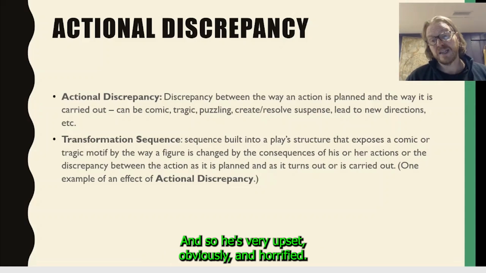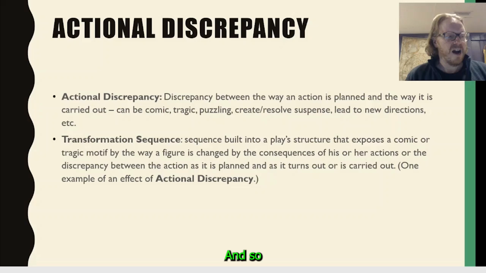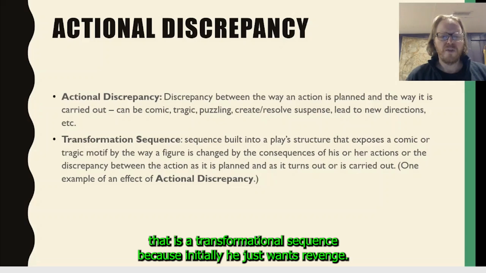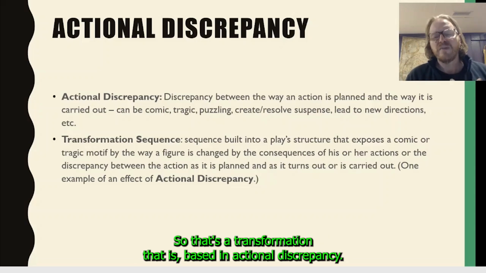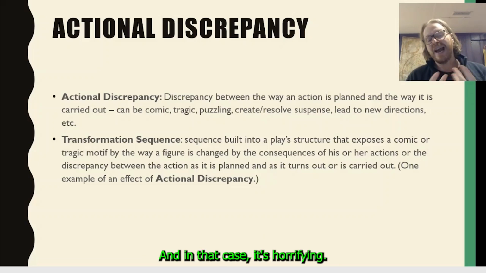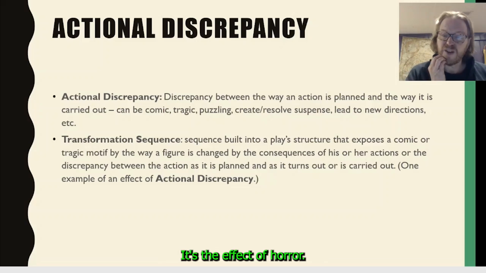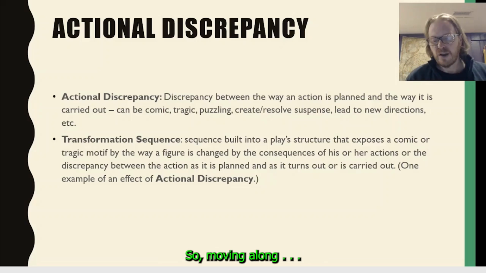And so he's very upset, obviously, and horrified. And so that is a transformational sequence, because initially he just wants revenge, and then as he sees the evil that's being played out, he wants to stop it. So that's a transformation that is based in actional discrepancy, and in that case, it's horrifying. It's the effect of horror. So, moving along.